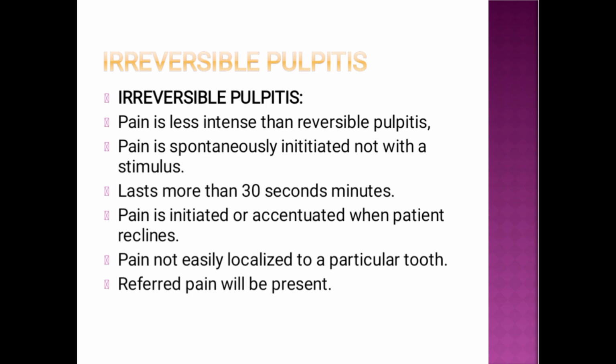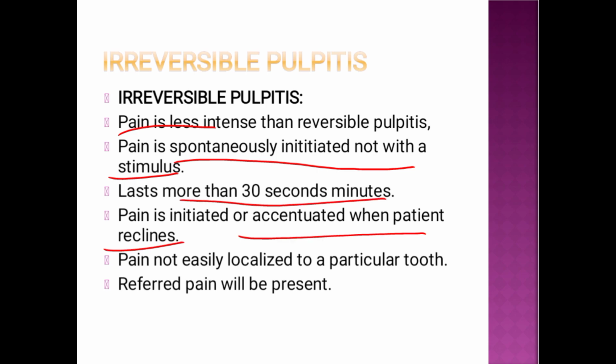Now to irreversible pulpitis. The pain is less intense but it is a dull, constant pain, spontaneous, not initiated by a stimulus, lasting more than 30 seconds, and associated with declining, meaning there is more pain when the patient is in a supine position. It is not easily localized, and there is referred pain.